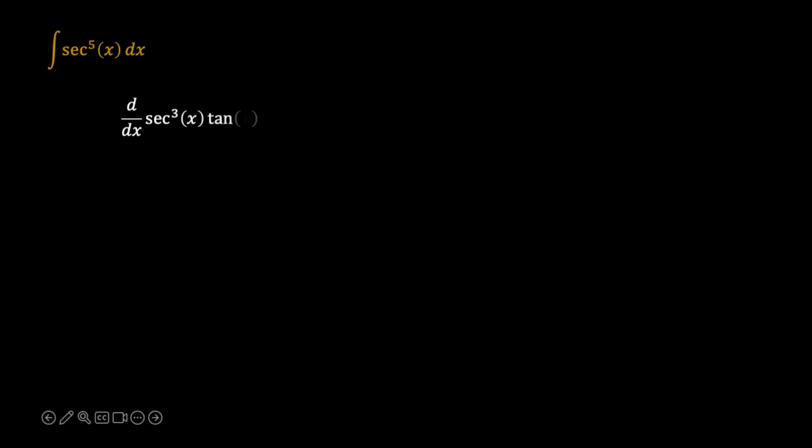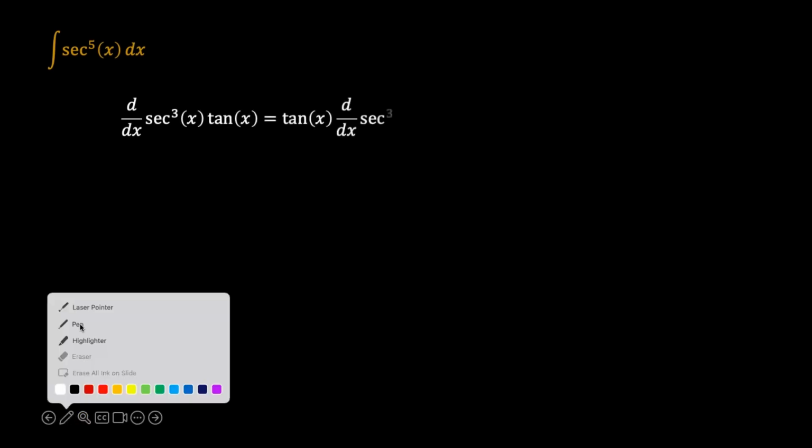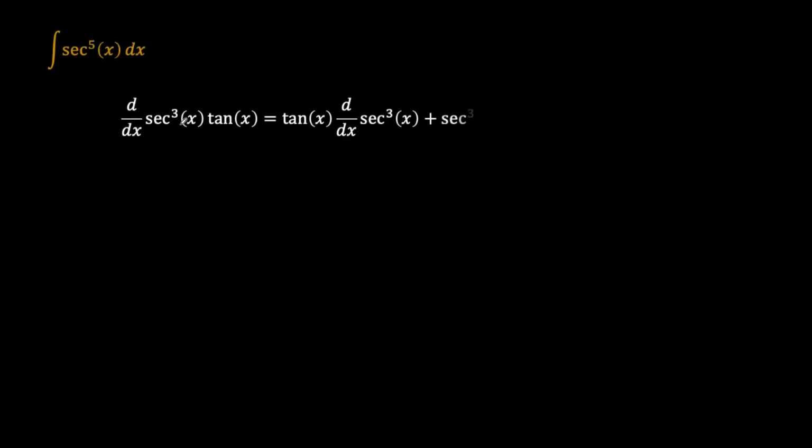First of all, I think what could be of interest is when you look at secant to the power 5x, if you differentiate tan x, for example, you get sec squared x. Now that times sec cube x becomes sec to the power 5x. So that kind of is a hint.